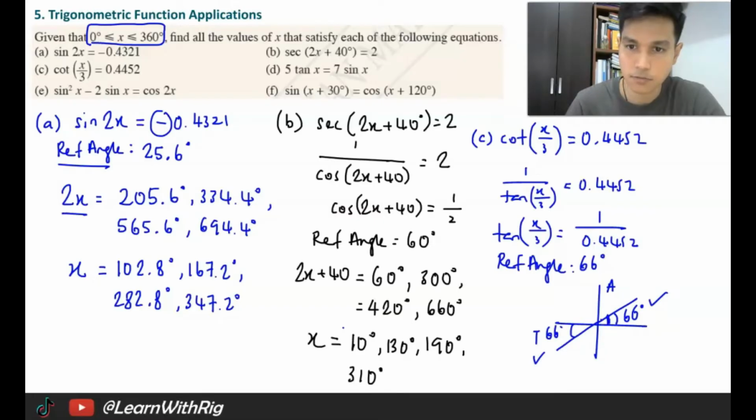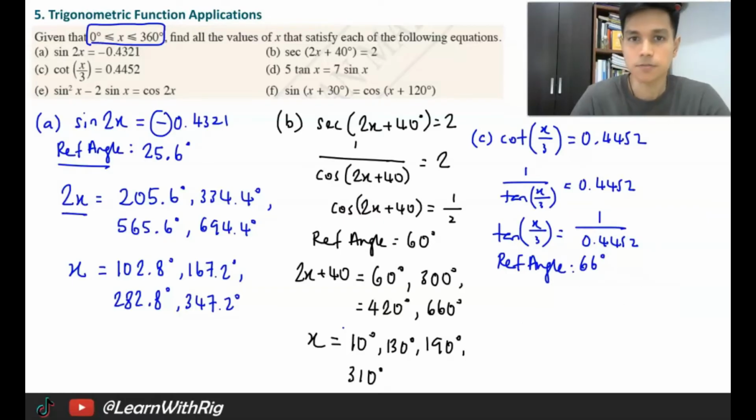The second one is from 0 all the way to here. So that means 66 plus 180, to find the angle in the third quadrant. So you should get x over 3 equals 66, and the other one is 66 plus 180.